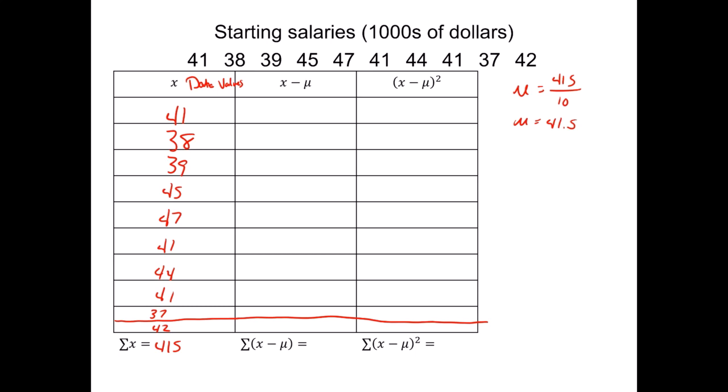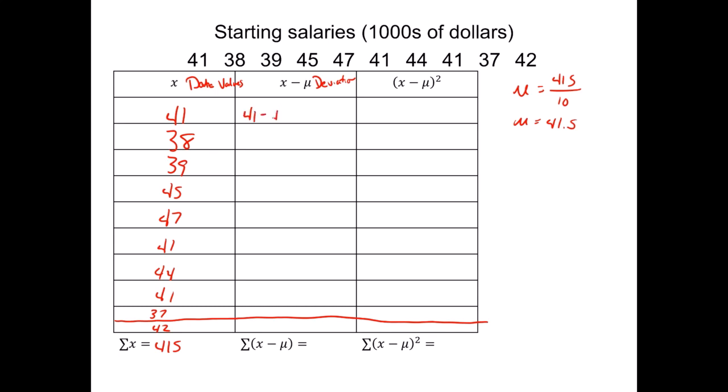From there, the second column, you're building those deviations. We call this the deviation, but really all it is is the distance between every single data value and the mean. So how far is each of those individual data values away from the mean? It's literally just subtracting.